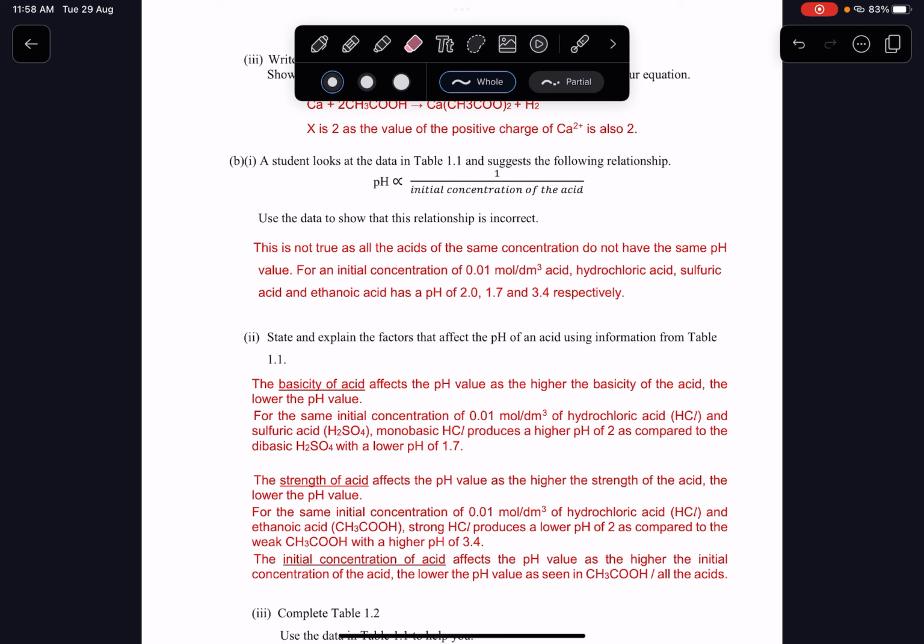B part i. A student looks at the data in table 1.1 and suggests the following relationship: pH is inversely proportional to 1 over initial concentration of acid. Many of you used the math method whereby you change it to pH equals k over initial concentration. Sure, as long as you can prove it.